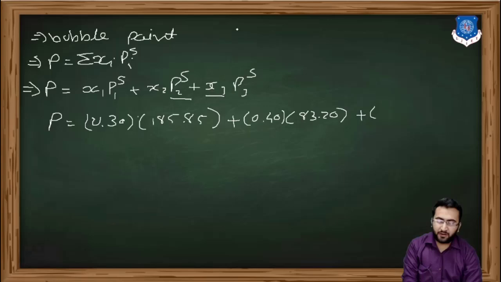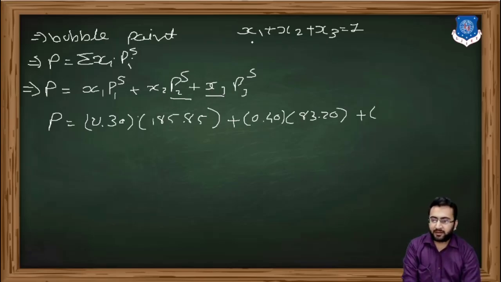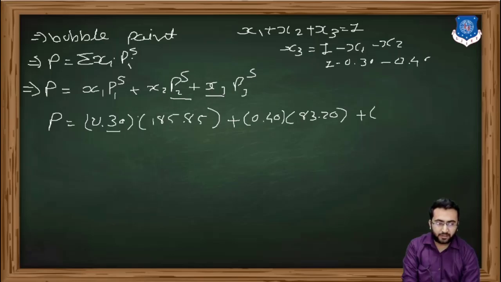What is x3? We have to find the value of x3. x1 plus x2 plus x3 is equal to 1. The overall mole fraction is 1, and here there are 3 components, so x1 plus x2 plus x3 is equal to 1. To find x3, we take 1 minus x1 minus x2. So 1 minus 0.30 minus 0.40, we will get the value of x3, and that becomes 0.30.